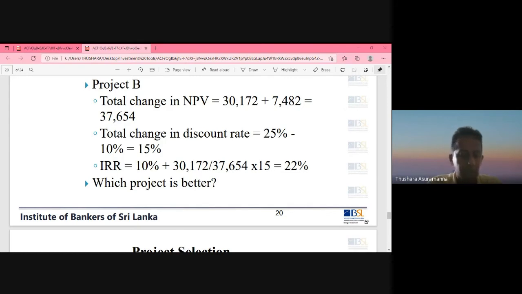Example: 40 million at the rate of 15%, that is debt, and 60 million at the rate of 10%.